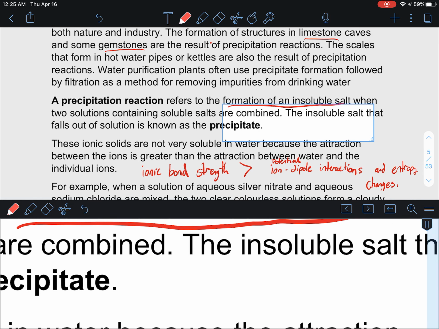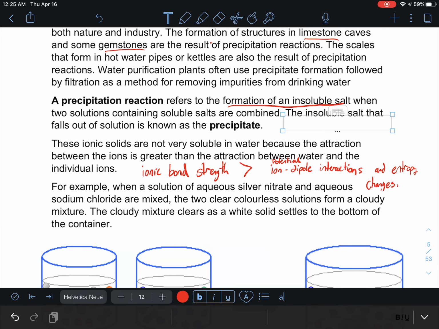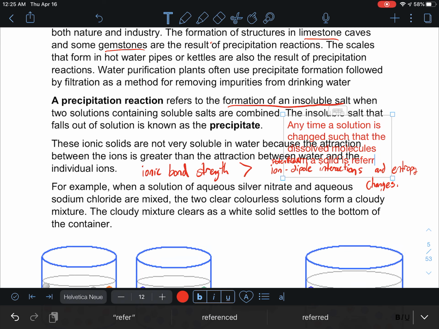I'm actually going to type a little thing here. Anytime a solution is changed such that the dissolved molecules form a solid is referred to as a precipitation.